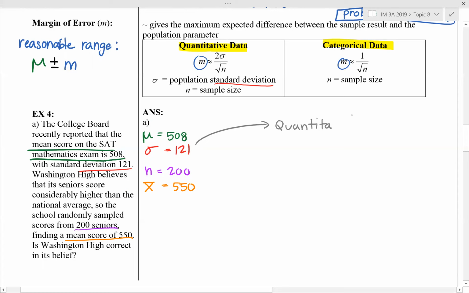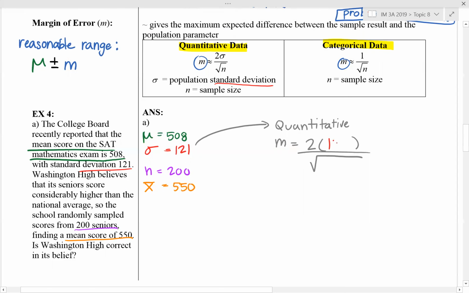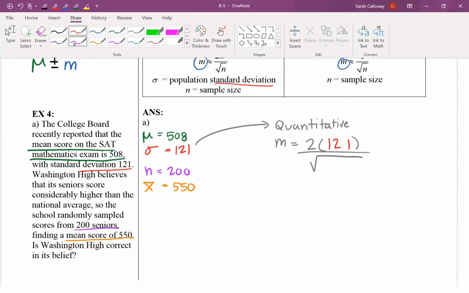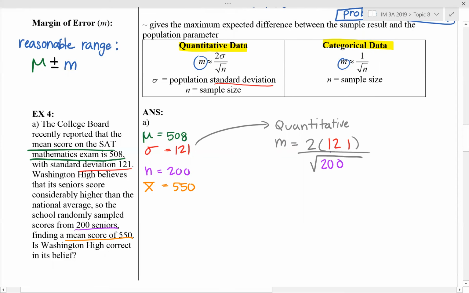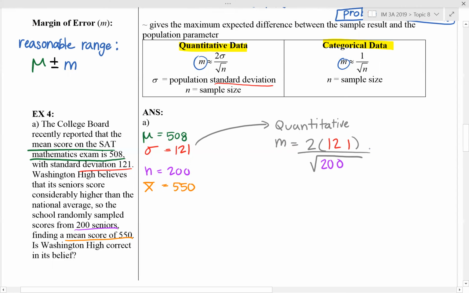I can think about that as if I'm finding a score, and a score is numerical. So the margin of error is equal to 2 times the standard deviation divided by the square root of the sample size. So 2 times 121 divided by the square root of 200. If I calculate that out, that gives me a margin of error of about 17.1.